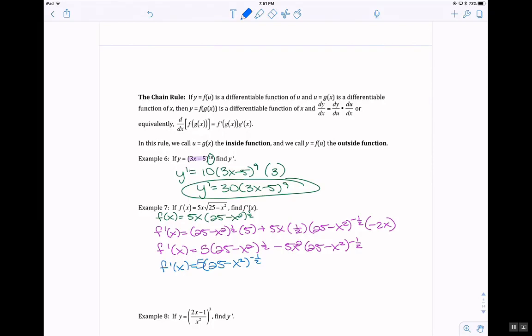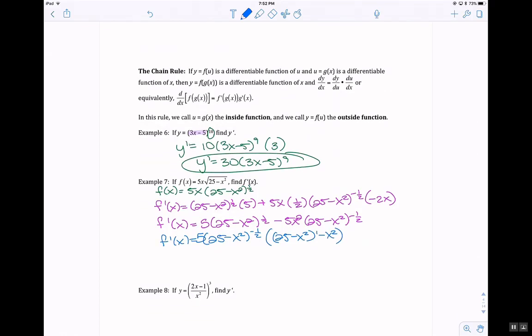And then I'm left with 25 minus x squared to the first power and minus x squared. So I get f prime of x is equal to 5, 25 minus x squared to the negative 1/2. And then I get 25 minus 2x squared.